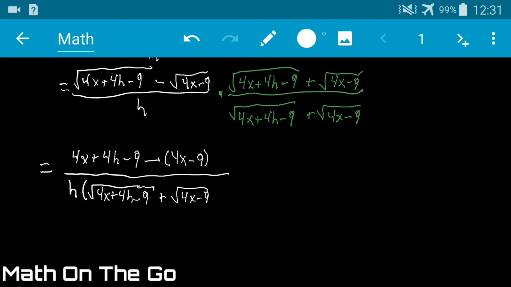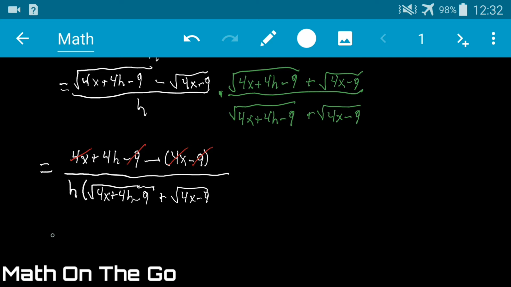So what we can do here is we have a positive 4x, and that's going to be a negative 4x, so we can cancel that. Then we have negative 9, and then negative and a negative gives you a positive, so those will cancel. And that leaves us with just 4h on the top.